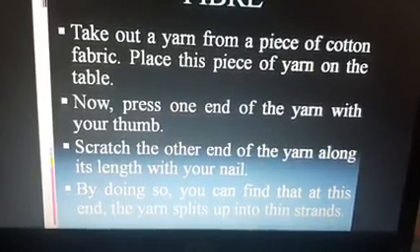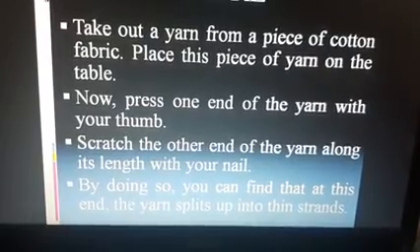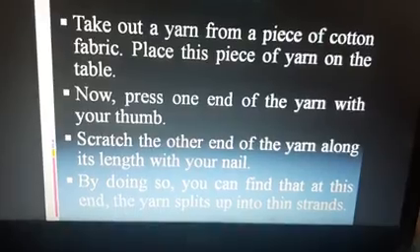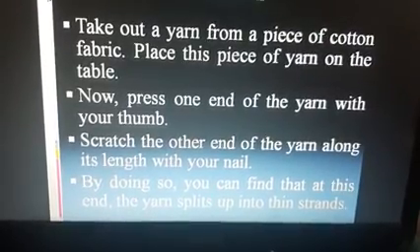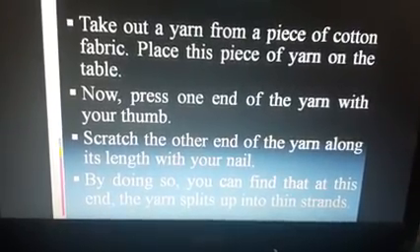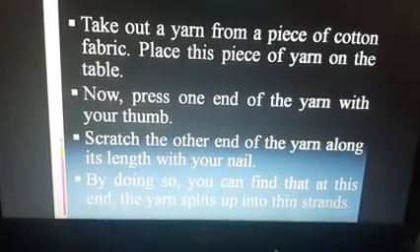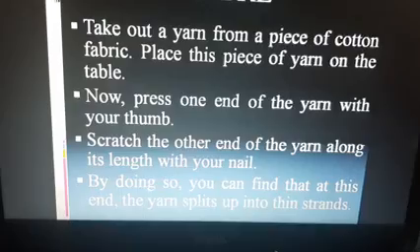Then you can see that the yarn splits up into different kinds of strands.